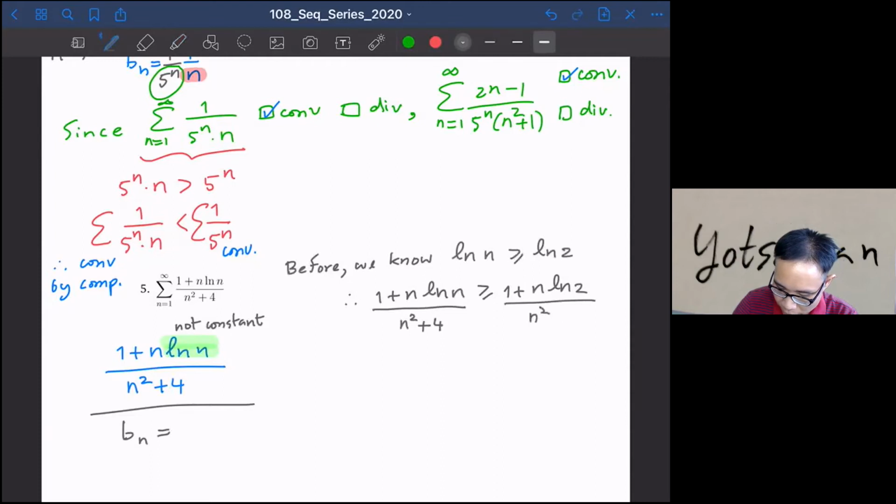So you're going to test the convergence or divergence for this one. This will be the series that we use limit comparison on.